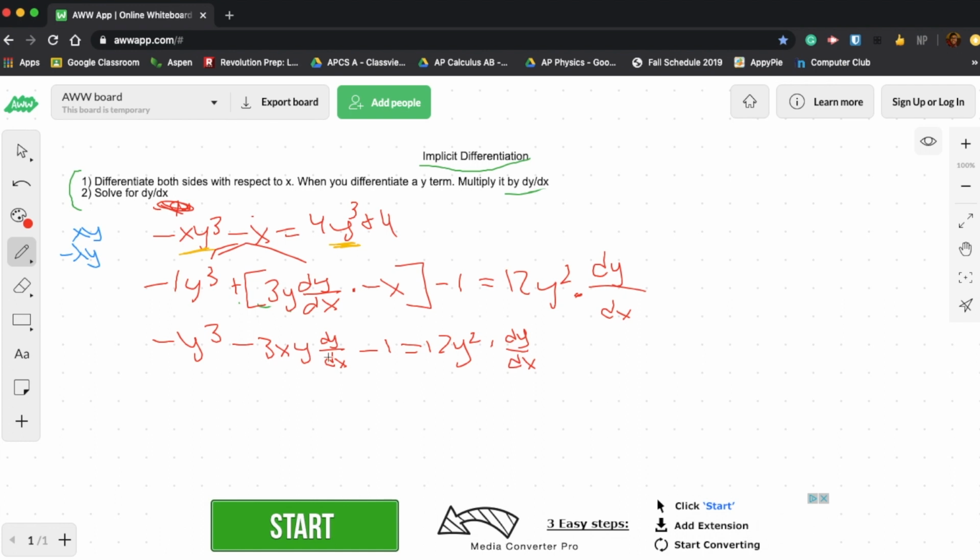Next off, what you're trying to do is isolate dy/dx on one side of the equation. So what you're trying to do here is, as you can see, there's 12y squared dy/dx, and then there's a 3xy squared dy/dx. Add 3xy squared dy/dx onto both sides.